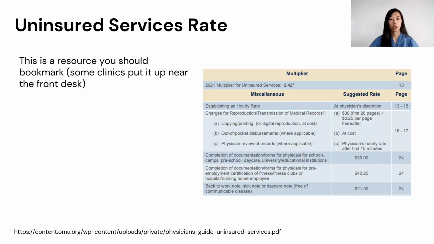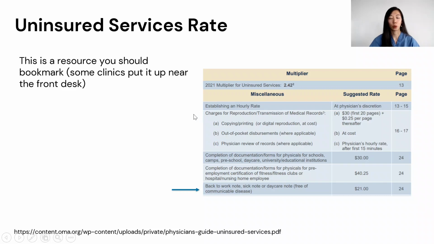So what should we charge for uninsured services, and what do uninsured services look like? Often I see clinics will post this up near their front desk as a reference. The most common thing I find people charge patients for is the sick note, which based on the OMA guidelines is about $21.